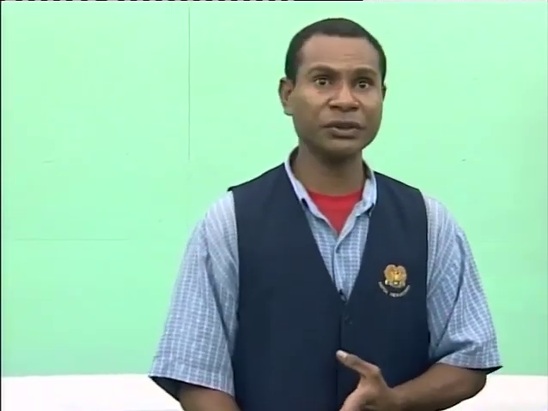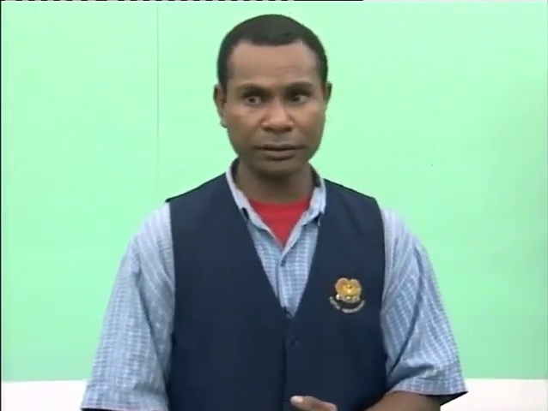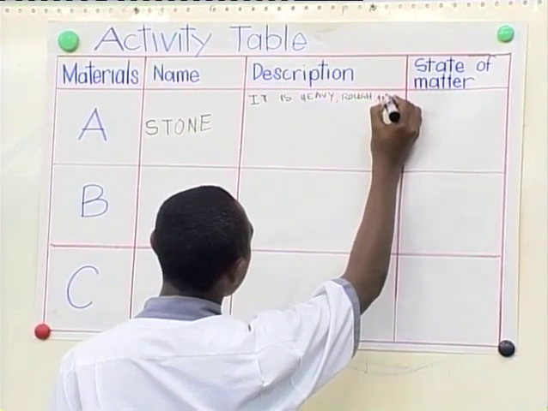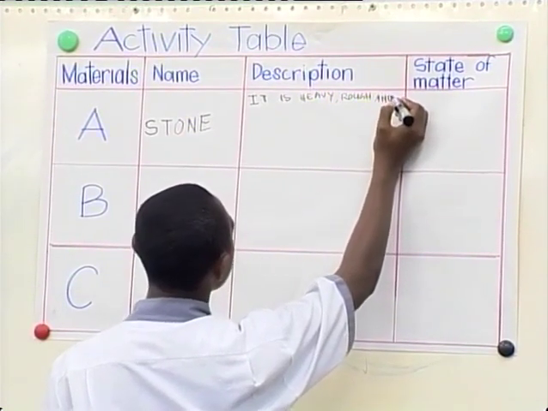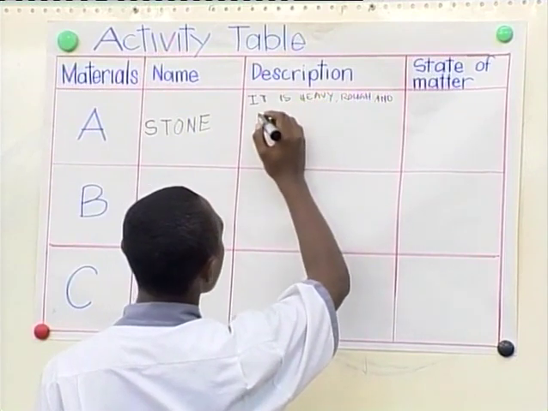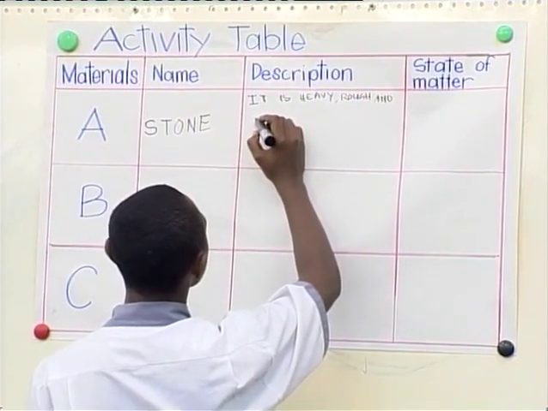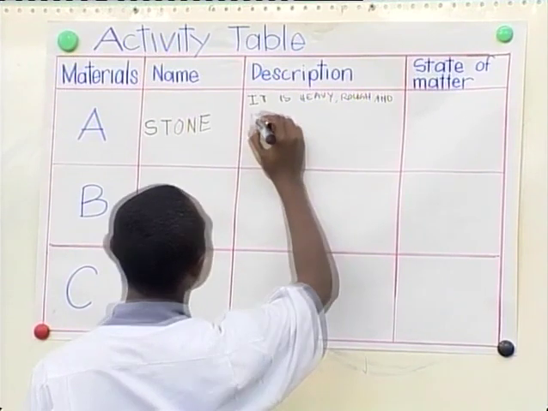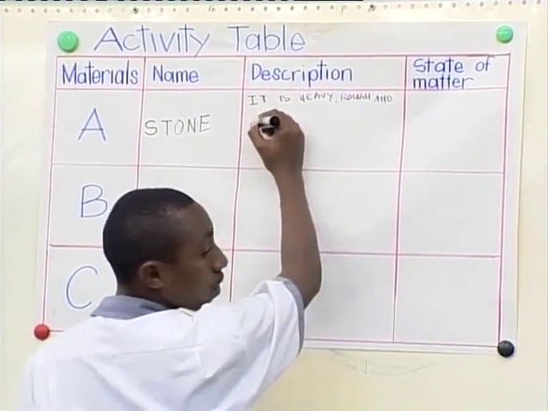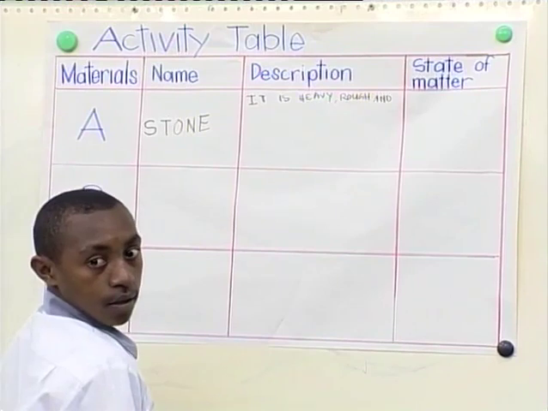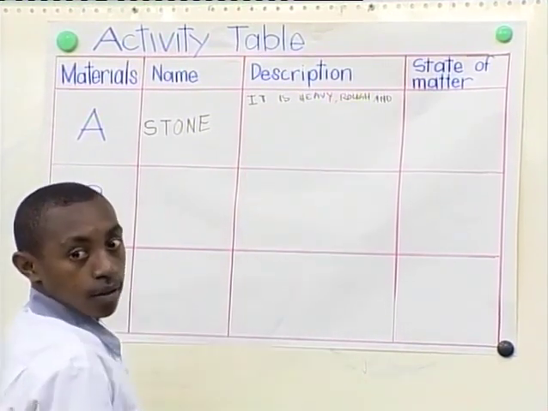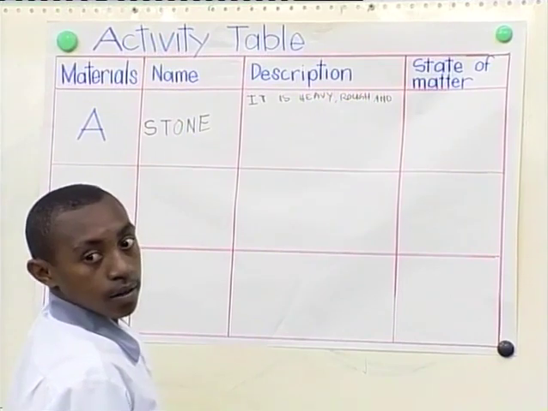The model class will be using a table to compile the results for the activities for this lesson. If you do not have your table, you can draw up the table quickly.